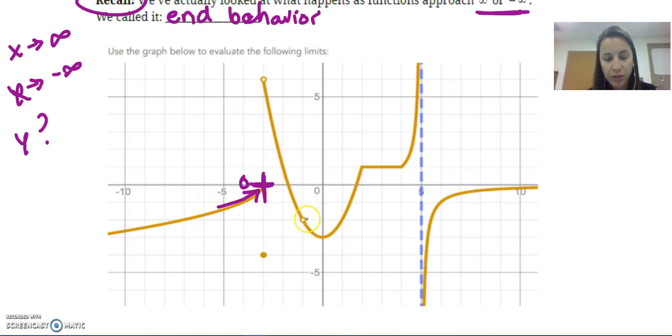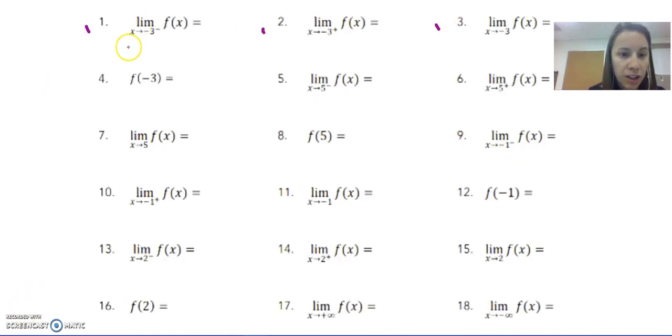If I look at it from the right-hand side, it looks like we're getting closer and closer to 6. And just so you know, when it says left, it's going to have a negative with it. So I'm going to write a little LH under here, that's the left hand, and RH for right hand. So this one was 0, this one was 6.